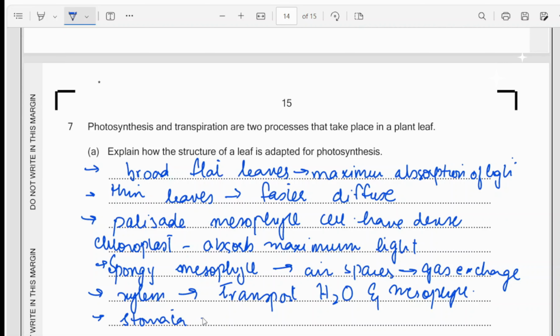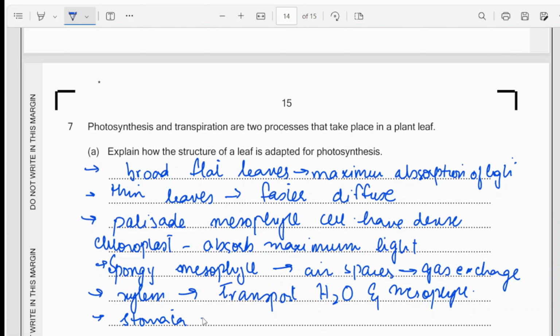Okay, the very first layer is the upper epidermis, which does not contain any chloroplast, so that all the light can pass through. The second layer would be palisade mesophyll cell, which has the largest number of chloroplasts to absorb maximum light for photosynthesis. Number three, below it there would be a spongy mesophyll cell layer, which has air spaces for the diffusion of gases or the gaseous exchange. And this layer also contains xylem and phloem.